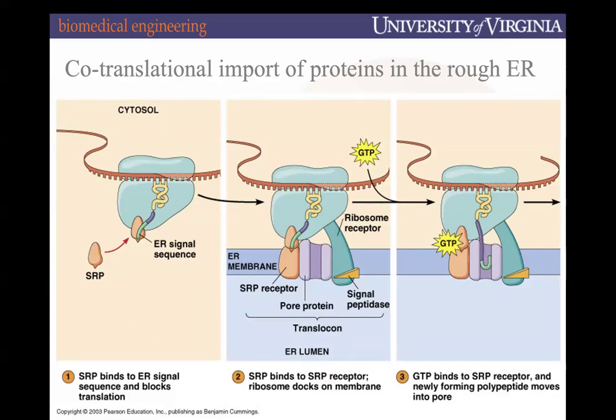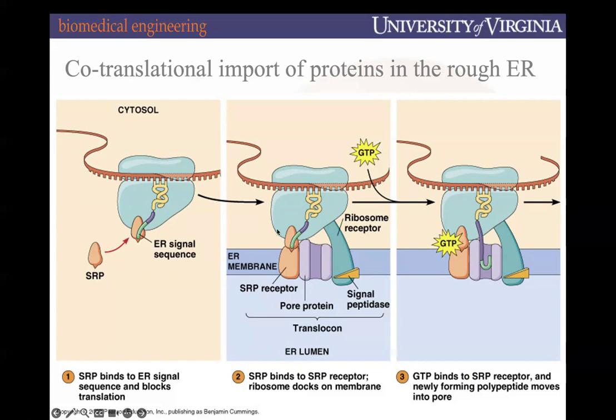That ribosome will now be brought over to the ER membrane, where there's a receptor for SRP, the SRP receptor, and there's going to be a ribosome receptor that recognizes the full ribosome assembly. Once all of that docks, there's going to be a GTP here that binds to the SRP receptor.